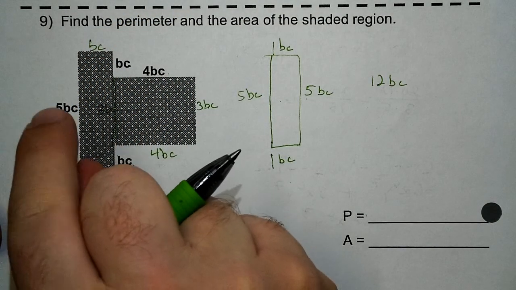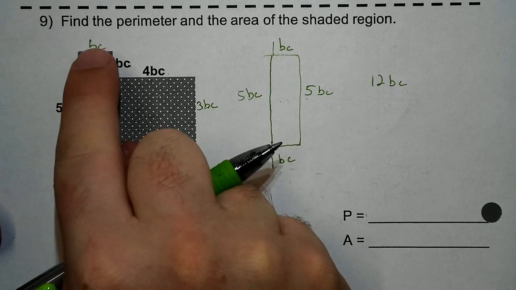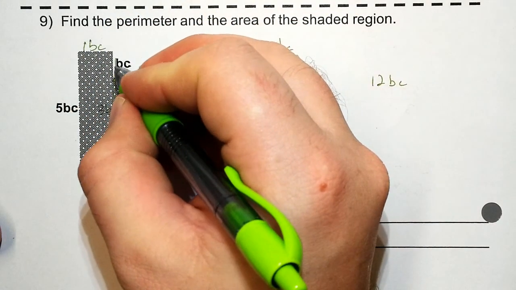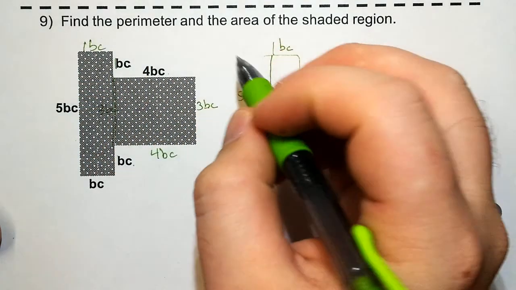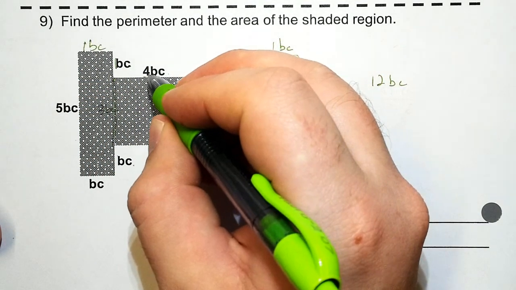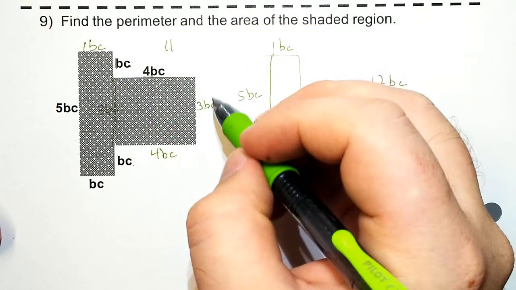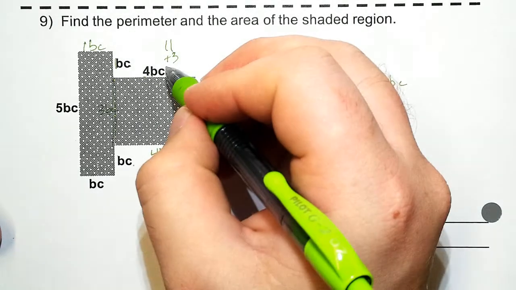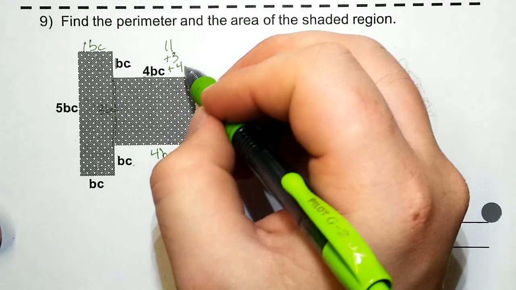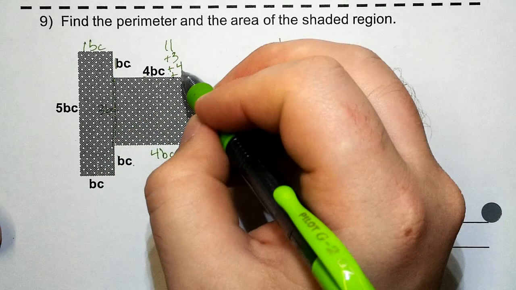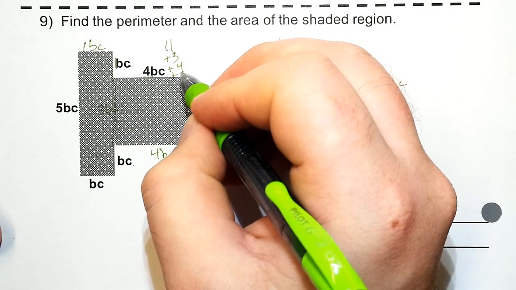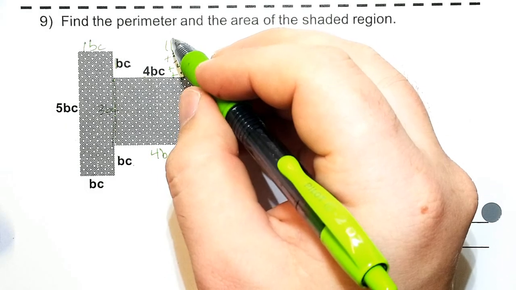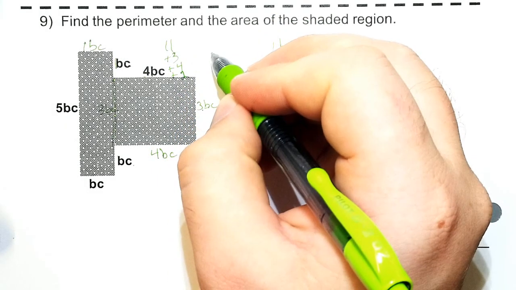and let's do this part one more time. So 5 B C, 1 B C here, 1 B C here, so 5, 6, 7. There's 4 right here, 7 plus 4 is 11, so we're at 11 so far. 3 more, 4 more, 1 more, and then the last one, plus 1 again, so make that a 2. 11 plus 3 plus 4, so that's 14 plus 4 is 18, plus 2 more is 20.